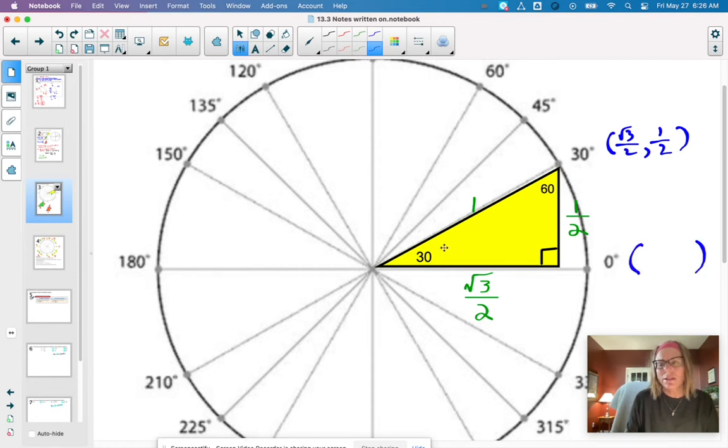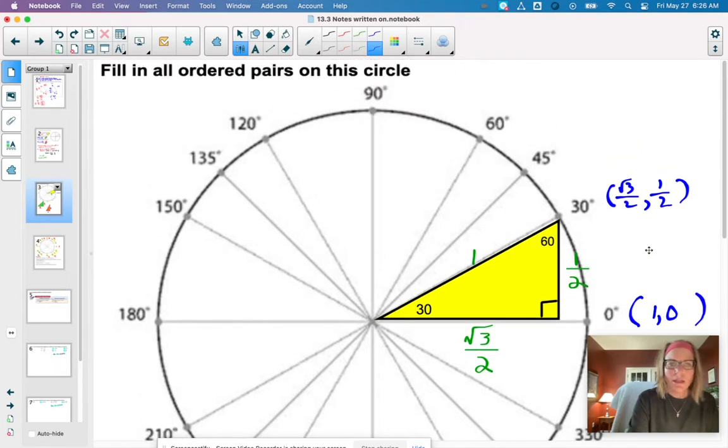We know that the radius of a unit circle is 1. So if we were going to derive the point at 0 degrees, that means we're going to the right 1 and up 0. At 90 degrees, we're going to the right 0 and up 1.